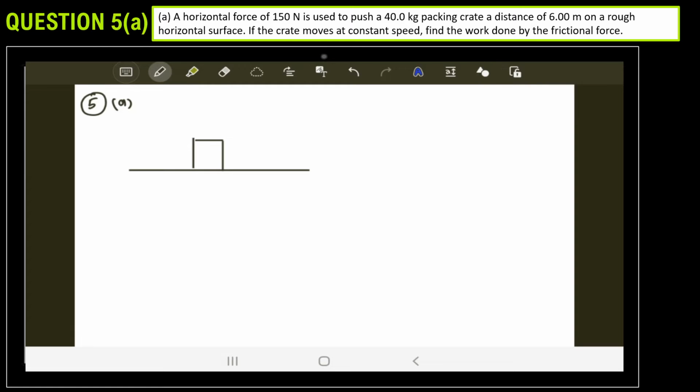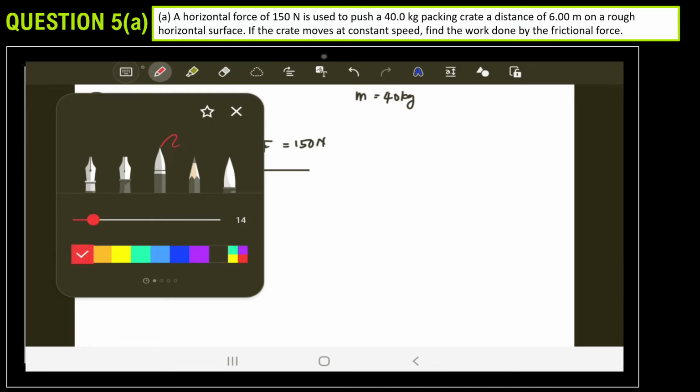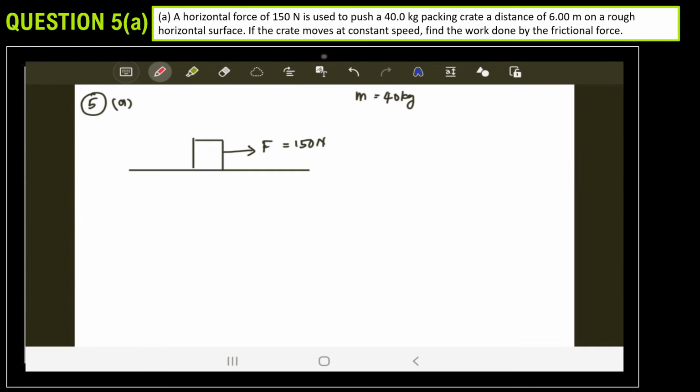Now we draw the horizontal force. We try to push, so the force is in this direction. F is equal to 150 Newton and the mass of the object is 40 kg. It's moving a distance of 6 meters.